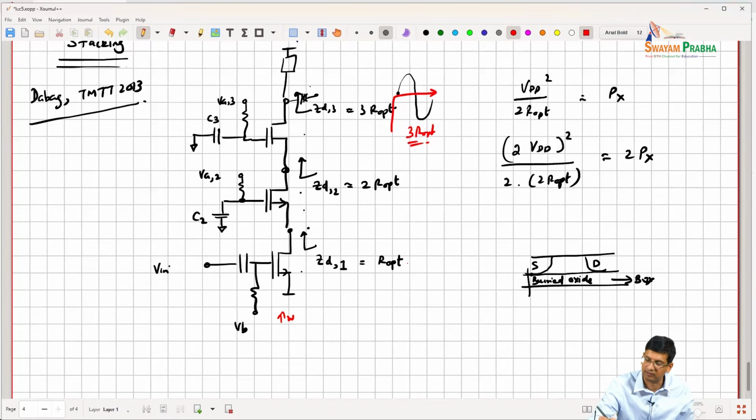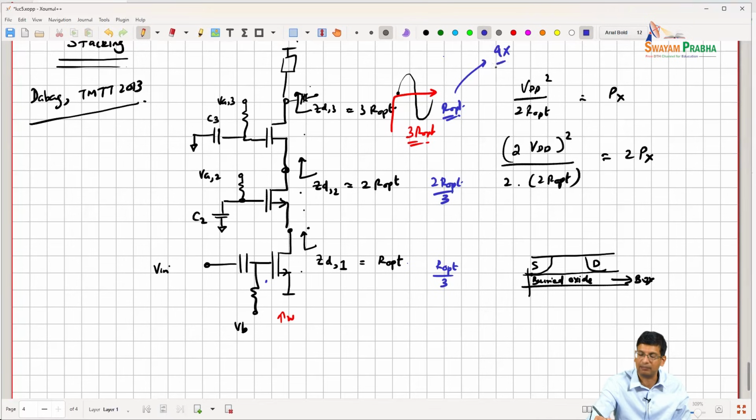This is the other way of scaling it, where I scale my devices so that this is now R opt over 3, this wants to see, right? Because I've increased the width of my device. This becomes 2R opt over 3. This becomes R opt, right? So now if I look at the output power that I'm generating, it is 3 VDD the whole square divided by R opt. So in this particular kind of scaling, I'm increasing my output power by 9x, right?